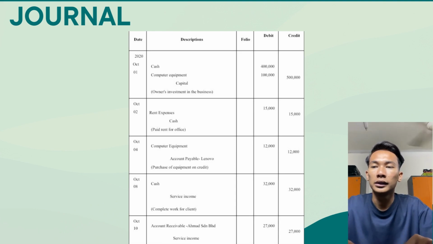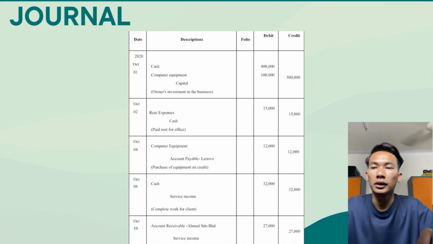4 October is computer equipment 12,000 on debit, account payable Lenovo 12,000 on credit. The reason is purchase of equipment on credit. On 8 October, cash 32,000 on debit and service income 32,000 on credit. The reason is complete work for clients.